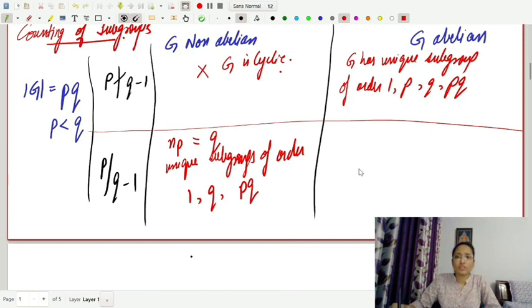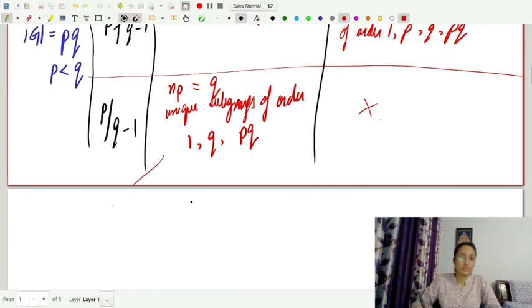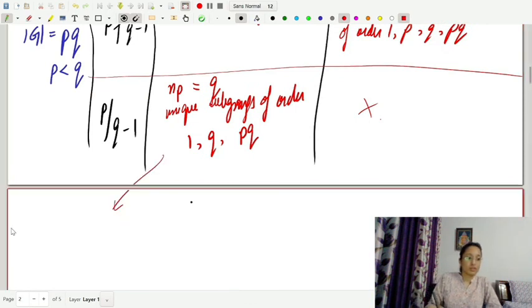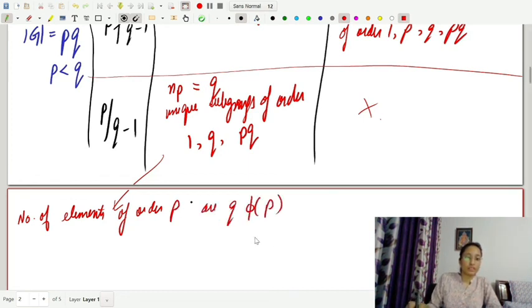There is no case like this, and in this case, number of elements of order P are Q into phi of P, and number of elements of order Q. Why we have taken this?